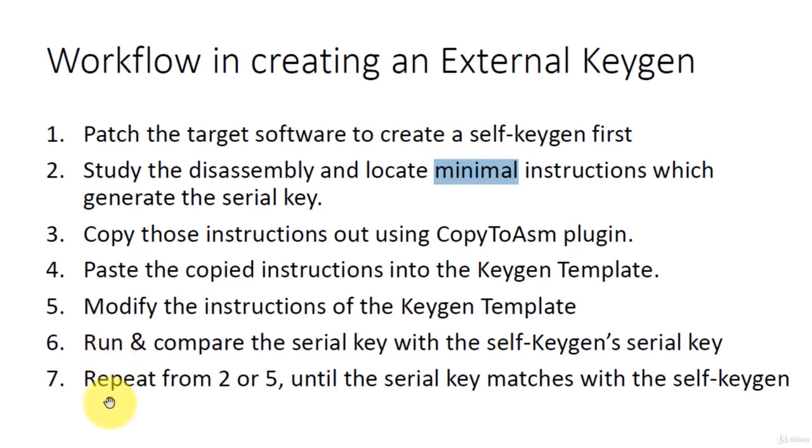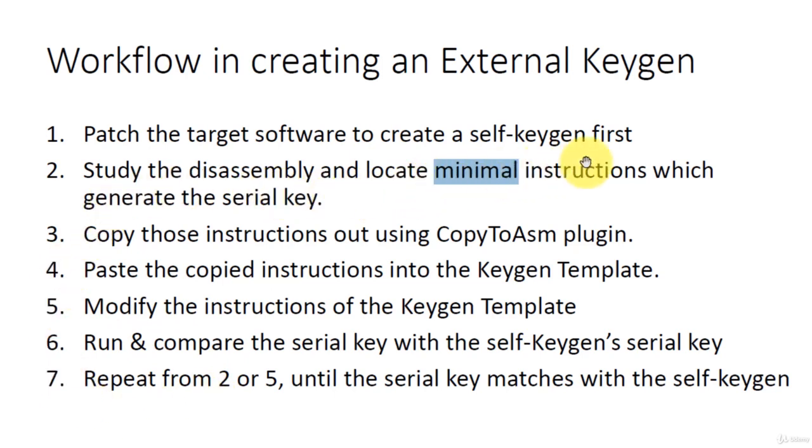Step 7. Repeat from step 2 or step 5 until the serial key matches the self-keygen. So this is an iterative step that you need to repeat a few times, many times maybe, until you get it right. Your first trial, most probably you will get a lot of errors and maybe even wrong keygens. So you need to repeat. Sometimes you need to repeat from step 2.